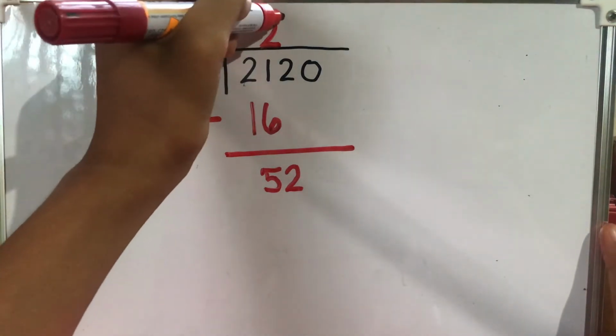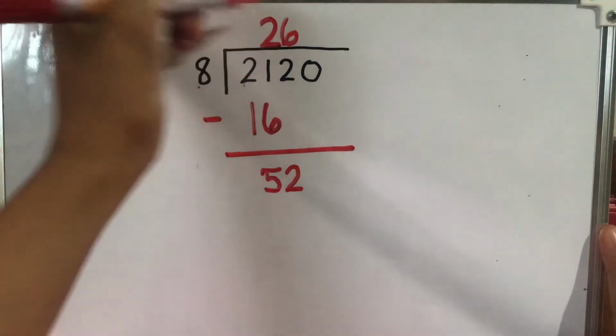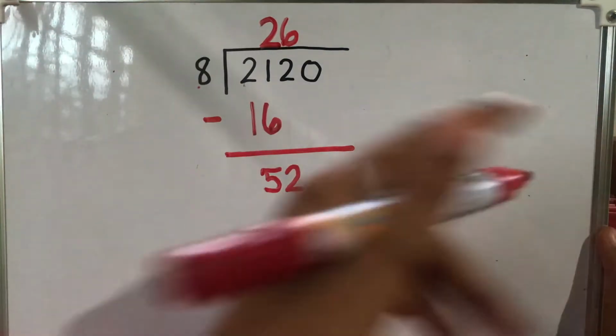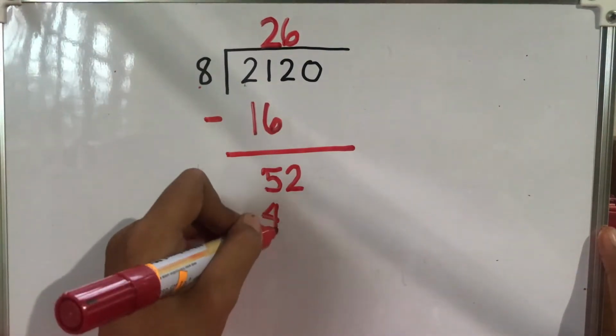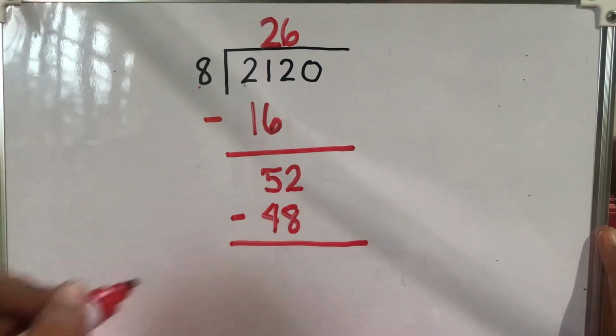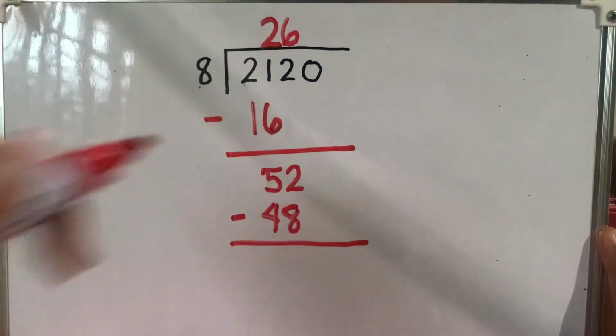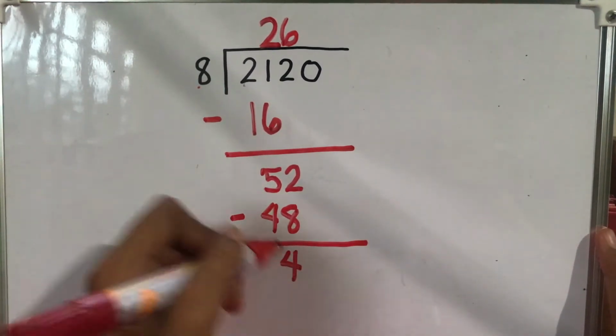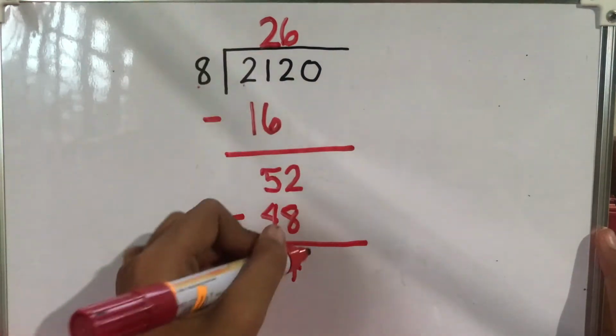So we will write 6 on top of 2. 6 times 8 equals 48. And then once again we will subtract. 52 minus 48 equals 4.